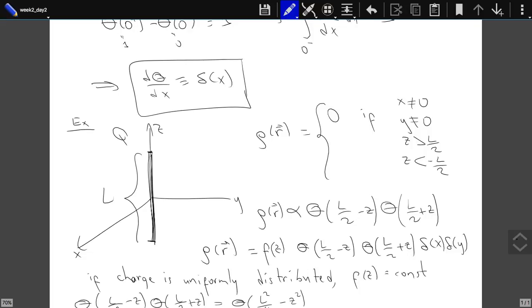As long as this rod is given, these functions are already given, but this will depend on how the charge is distributed over the rod. Is it uniform? Is it larger towards the endpoints, or is it largest in the middle and goes to 0 towards the ends, etc.?